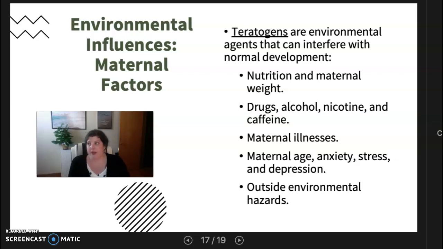So they know that they are positively correlated. They don't have any answers as to why, or necessarily able to predict who it's going to affect yet, but they do know that more people who developed schizophrenia, their moms had the flu while they were pregnant, which is, I mean, there's just so much we don't know.